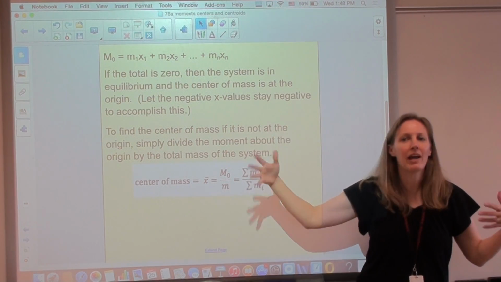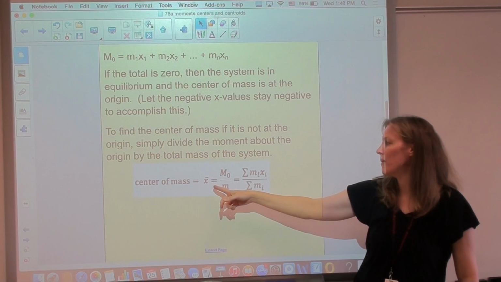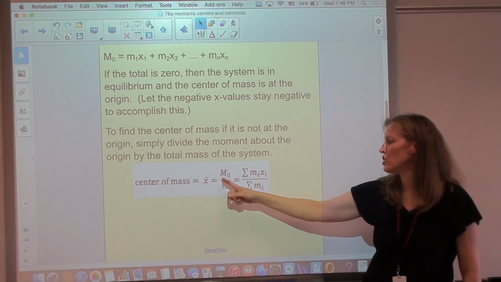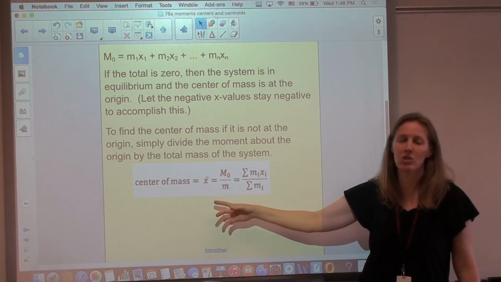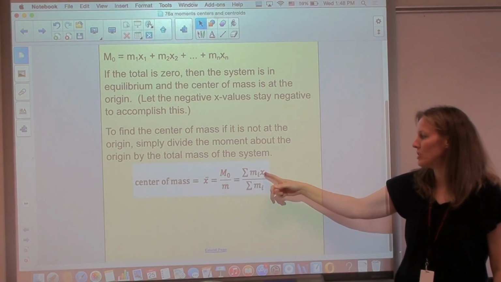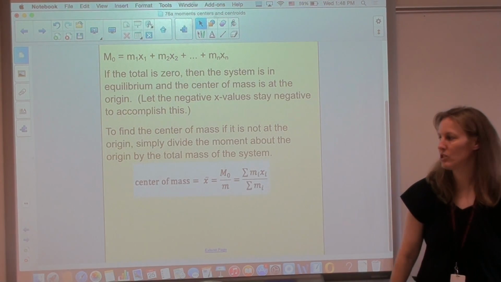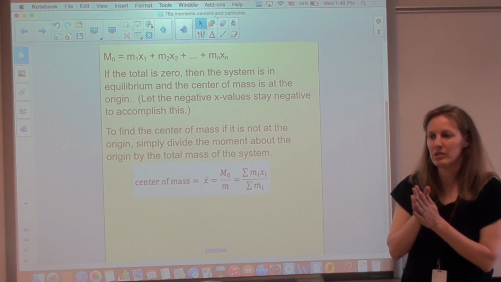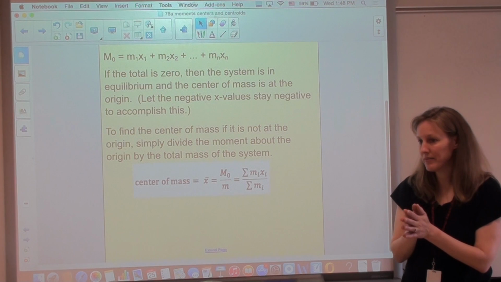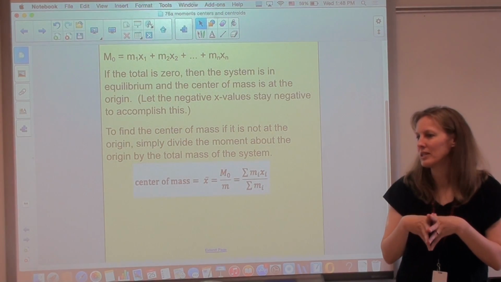So the center of mass is the moment about the origin divided by the total mass of the system, the sum of all the individual masses. So it's the sum of all the moments divided by the sum of all the masses. That's your center of mass on a linear system. Everyone good with that? That might be a good thing to write down.